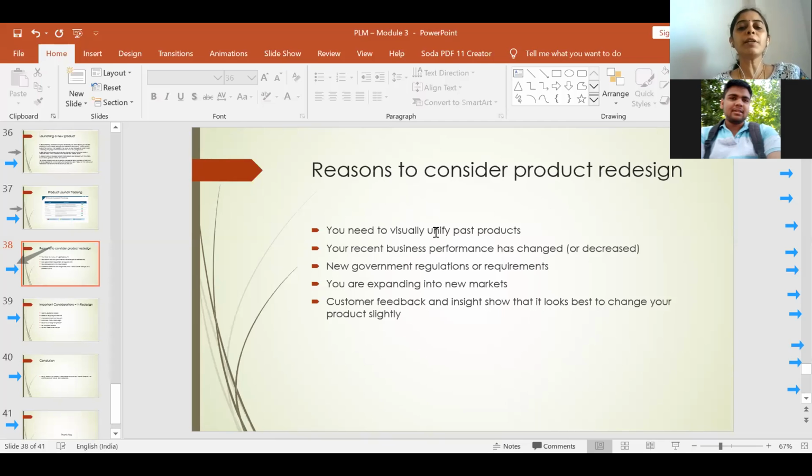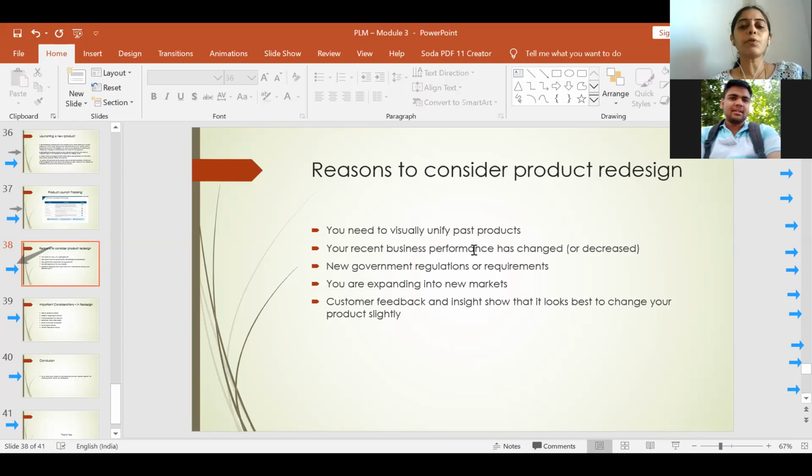You need to visually unify the past products. Unify is nothing but you visually need to make uniform the existing past products, and you have to review how the customers' comments are, whether there is any need for redesign or not, which you will check by combining the past products. Then, your recent business performance has changed.